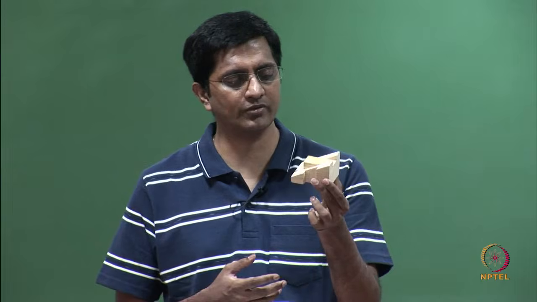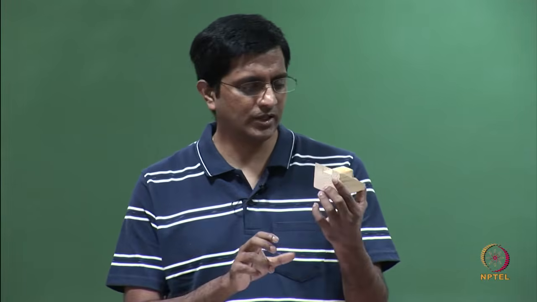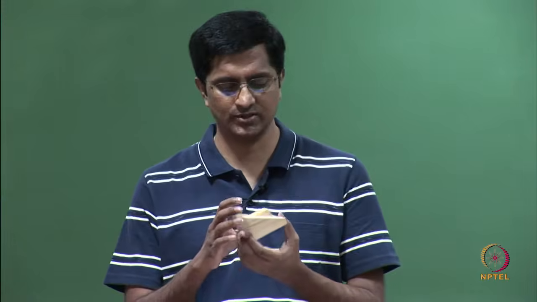To start with, let us say I have an object like this, and I am asked to make the engineering drawings of this object. So, I need to decide which view I will consider as a front view. What is the guiding principle? We said that the front view is a primary view that captures the most features.